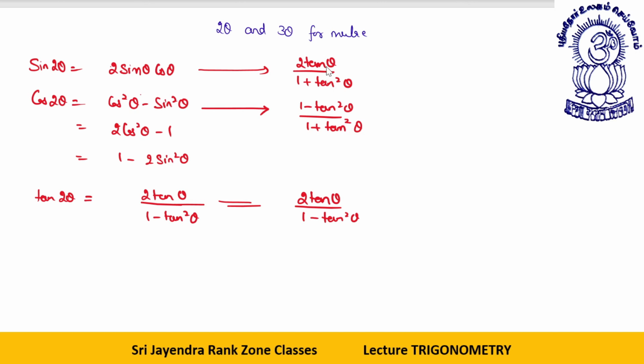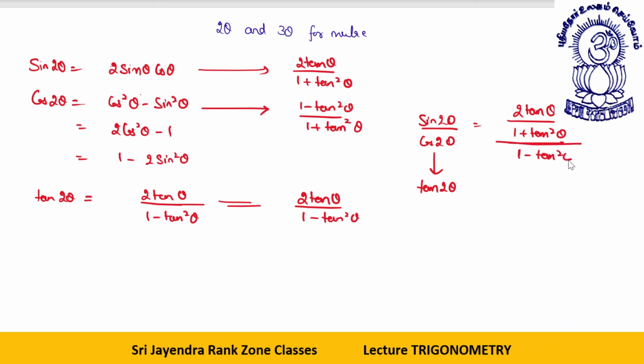Now, if you divide sine 2 theta by cos 2 theta, it is actually tan 2 theta. This will be 2 tan theta upon 1 plus tan square theta divided by 1 minus tan square theta upon 1 plus tan square theta.